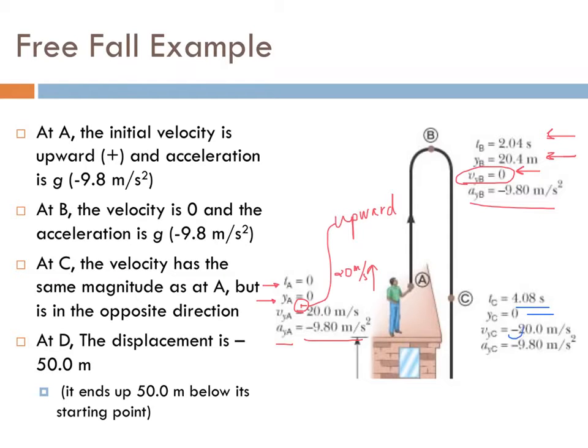Here we have a negative velocity. Again, what that tells us is that we are moving downward. So negative velocity means we're moving downward. And as always, an acceleration in the y direction is going to be negative 9.8 meters per second squared.